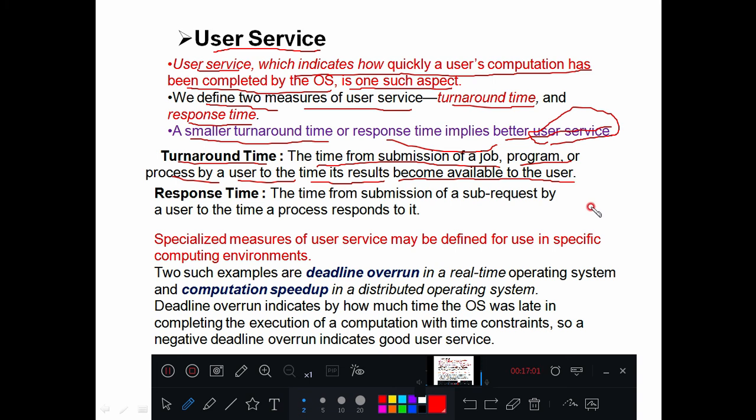Let us say at 10 a.m. I give a certain job to the operating system, or I request certain resources from the operating system. If it is allocated at 10 o'clock and 1 minute, then I am very happy.